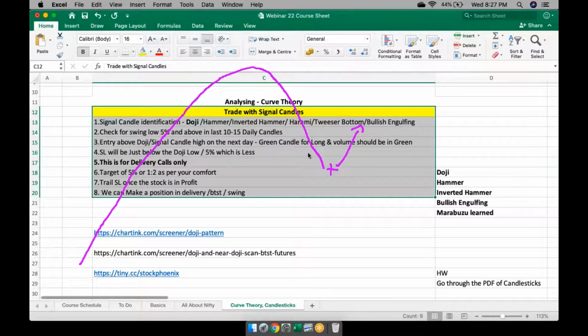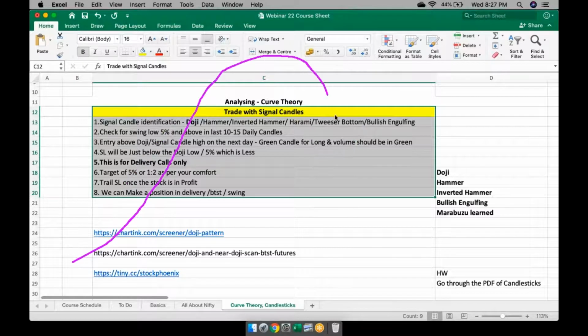But if you see a doji here, in the middle, it is invalid. So please remember that signal candles, that is trading with candlestick patterns, will not be effective in the middle of the curve.